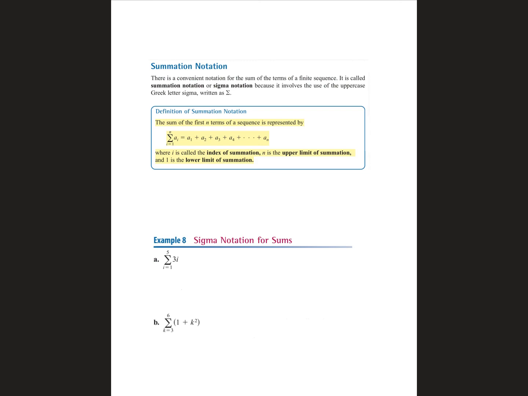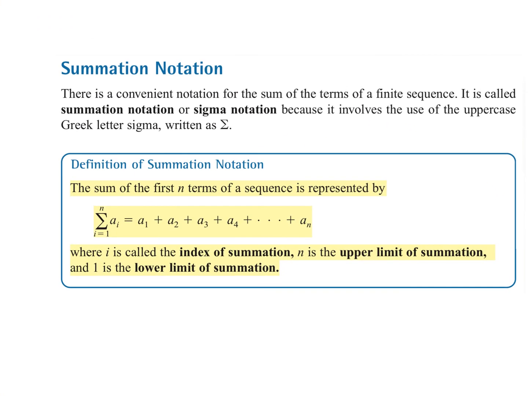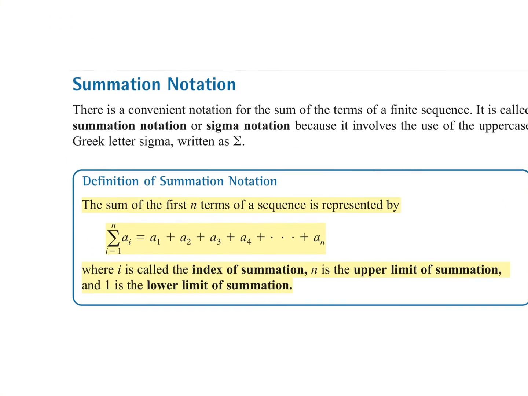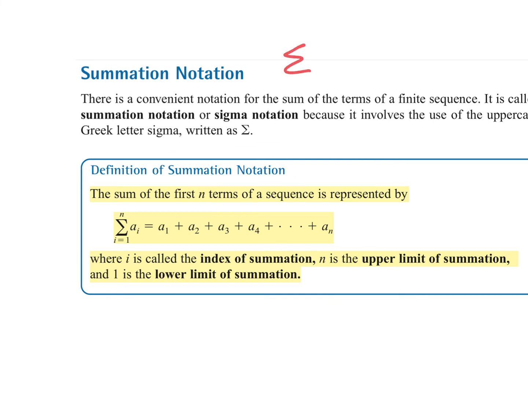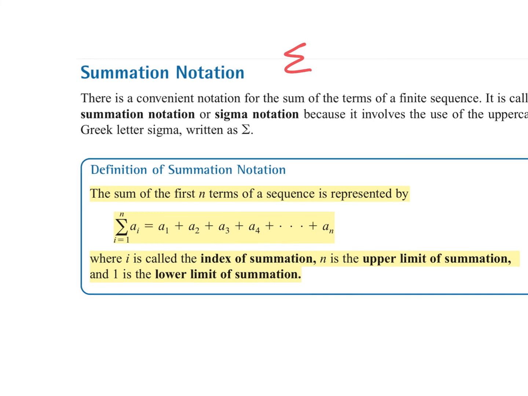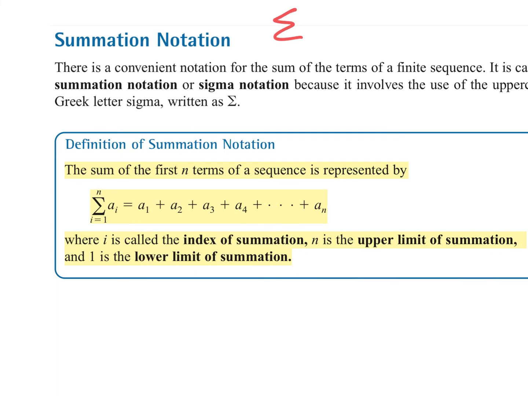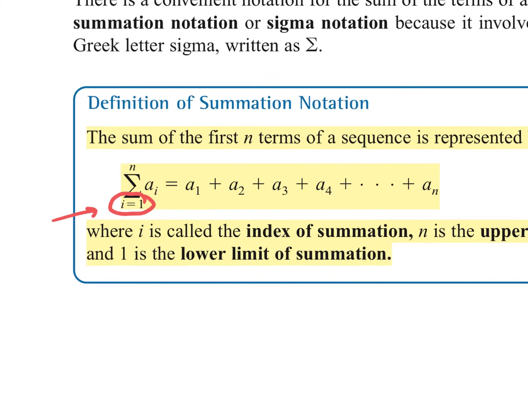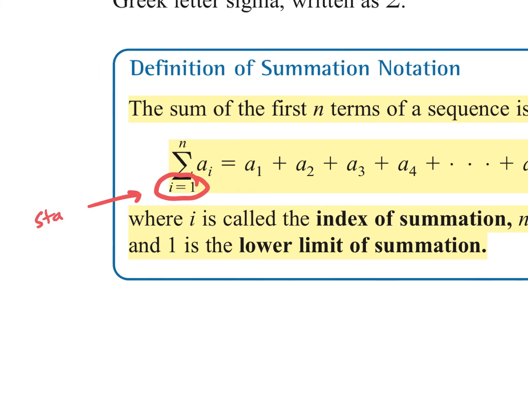So last thing is summation notation. This symbol is called sigma. The definition of summation notation is the sum of the first n terms of a sequence that's represented by this. So this number down here is our starting point, and the number up top is the ending.